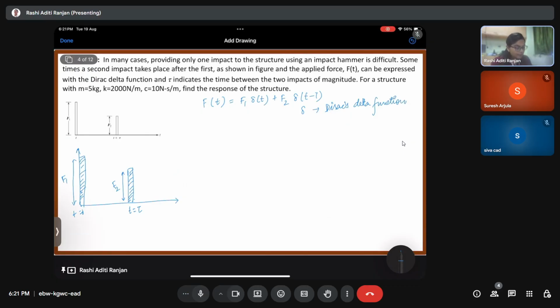Now, if we take F1 as 15 Newton and F2 as 10 Newton, and when we try to find out the solution. Now, first thing is that for the first case, if we consider only F1, okay, and let us say that we want to find the solution before the second impulse is applied.